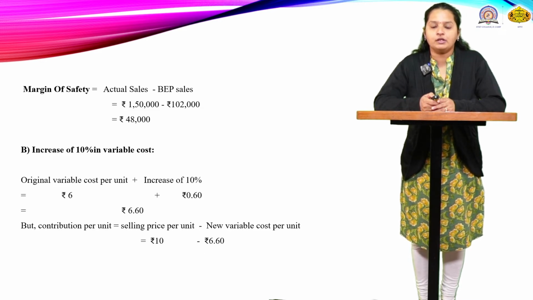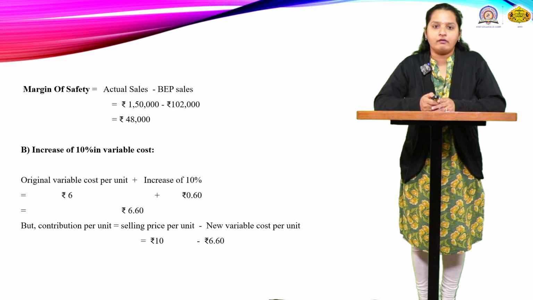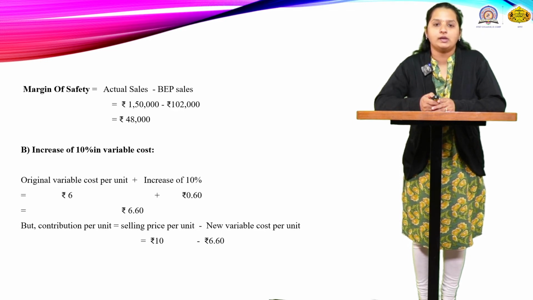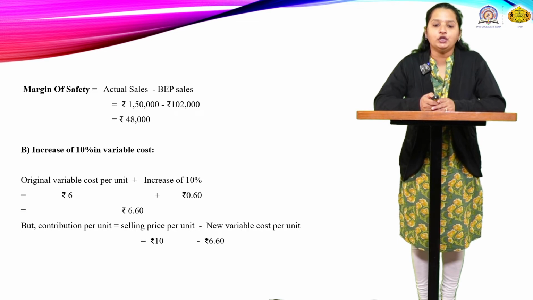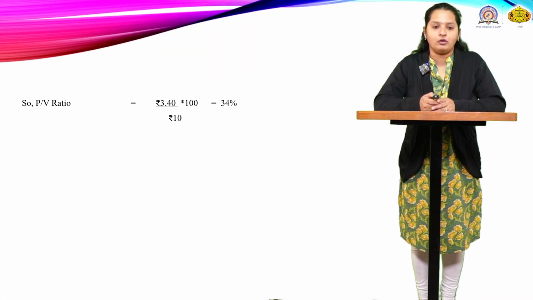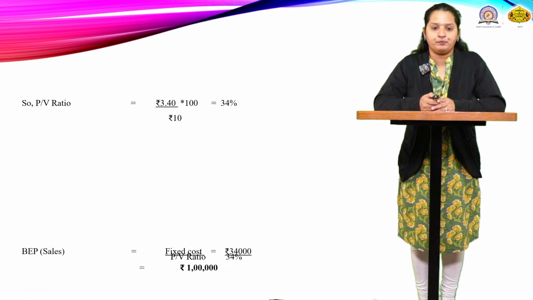The selling price per unit, which we already calculated in our first example, is rupees 10 minus the new variable cost per unit, rupees 6.60, and we get the contribution per unit of rupees 3.40. We put these figures into our formula: PV ratio is equal to contribution per unit upon selling price per unit into 100. So rupees 3.40 upon rupees 10 into 100, and the new PV ratio is 34%.